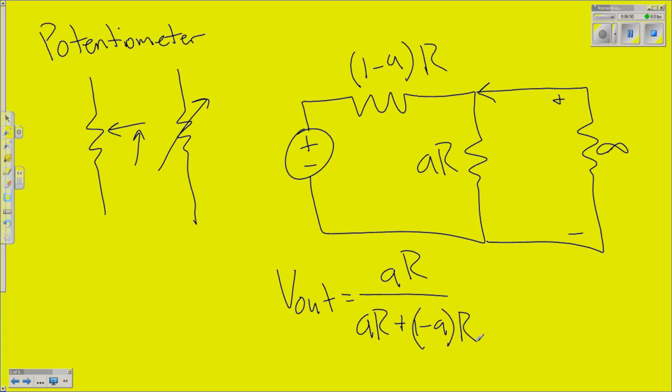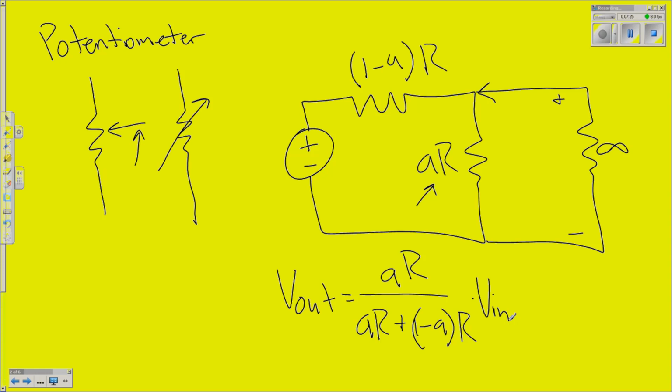Alright, so now you're asking, what the heck is A? Well, A is a value from 0 to 1 that tells us what percentage the wiper is set to. So if you look at this, if A is 1, that means that the first resistor is going to be 0, and the second resistor will just be R. If we look at our equation here, we solve this out.